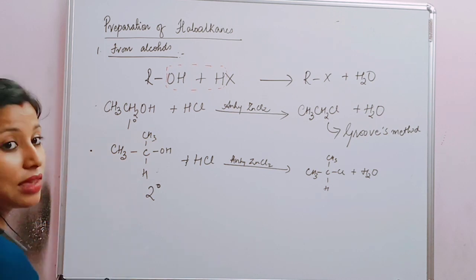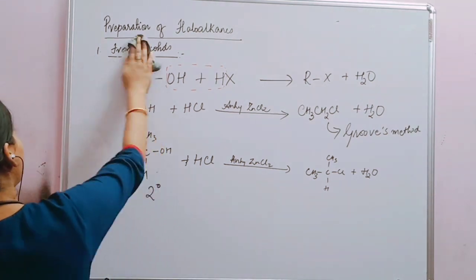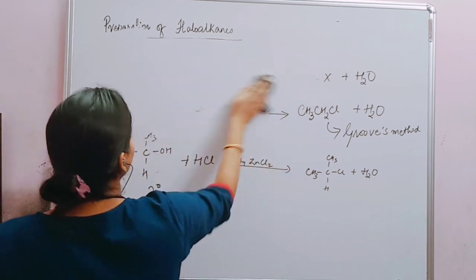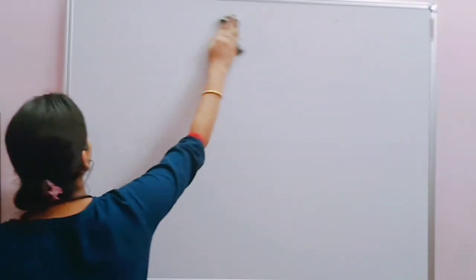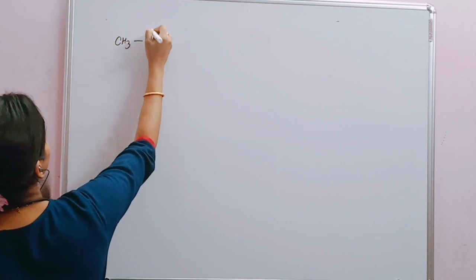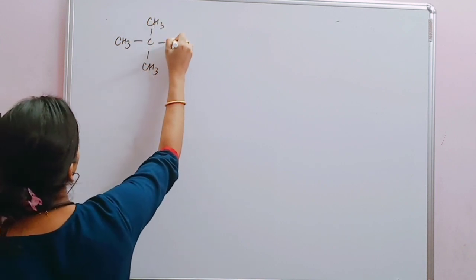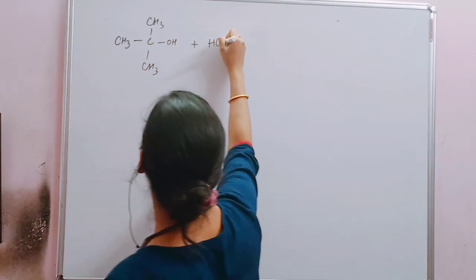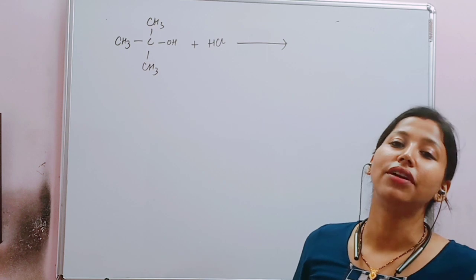Let's see what happens in the tertiary case. Tertiary alcohol, so (CH3)3COH plus HCl. Now, you must remember that tertiary alcohols are very reactive.